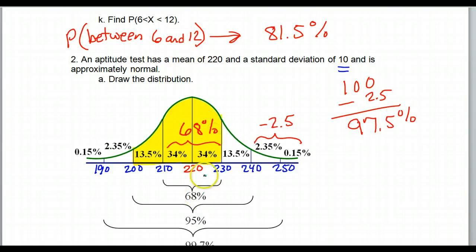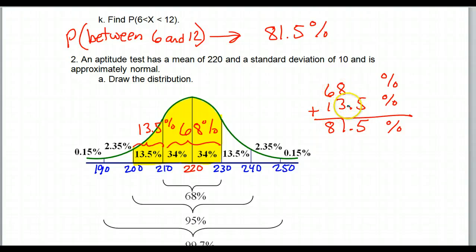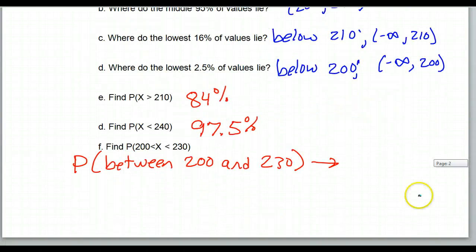We've memorized that anyway. And so we just need to add in an extra 13.5%. 68% plus 13.5% turns out to be 81.5%. So that's the probability of picking a value between 200 and 230, 81.5%.